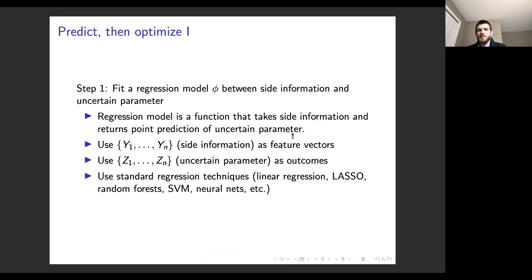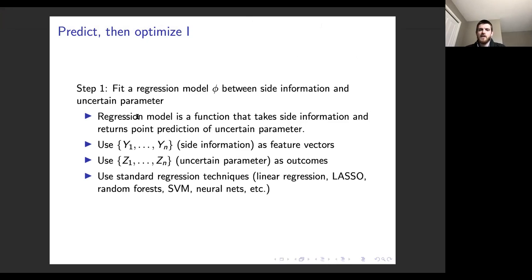And predict, then optimize is, I think, a pretty good name for what it is. So what you do in predict, then optimize is you fit a regression model between your side information and your uncertain parameter.